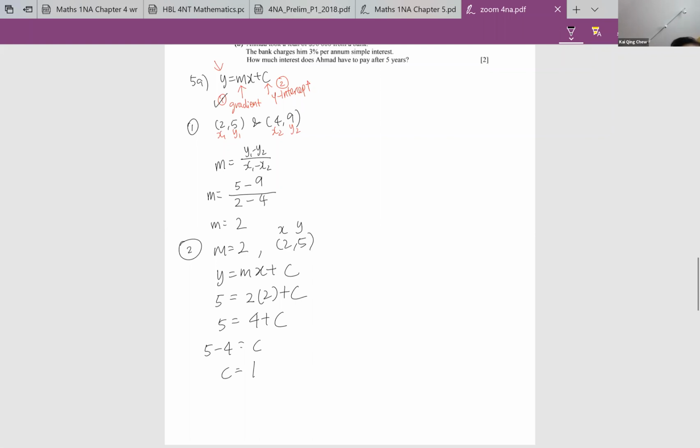Now I have found my y-intercept. I suspect some of you have forgotten how to find the y-intercept, so this is a recap.